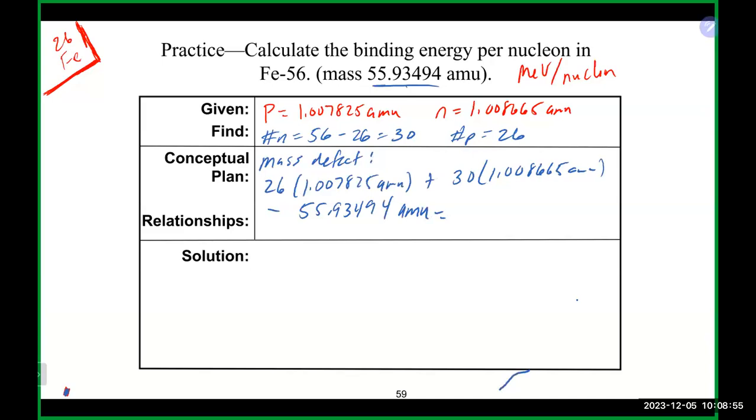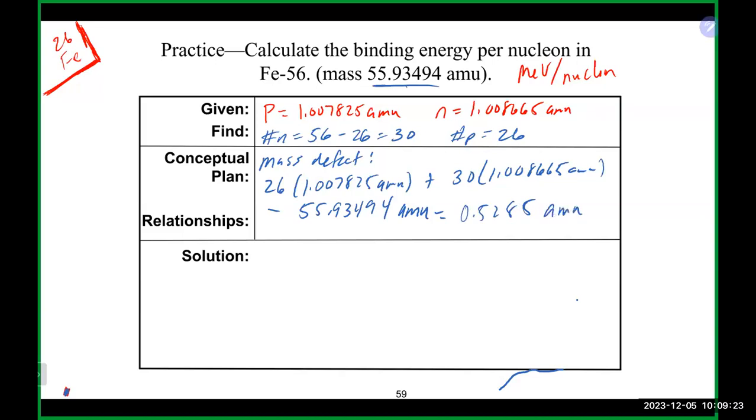That gives us our mass defect of 0.5285 in this case, and again that would be AMU.